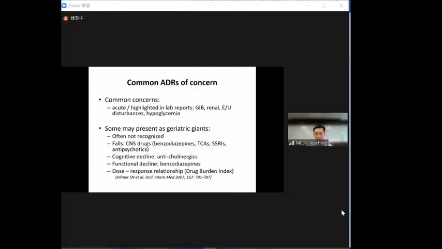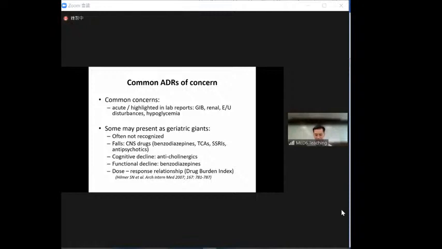And this phenomenon was recognized by previous researchers. Some produced the so-called drug burden index. You can easily search this index on the internet. It is a calculator, all right?